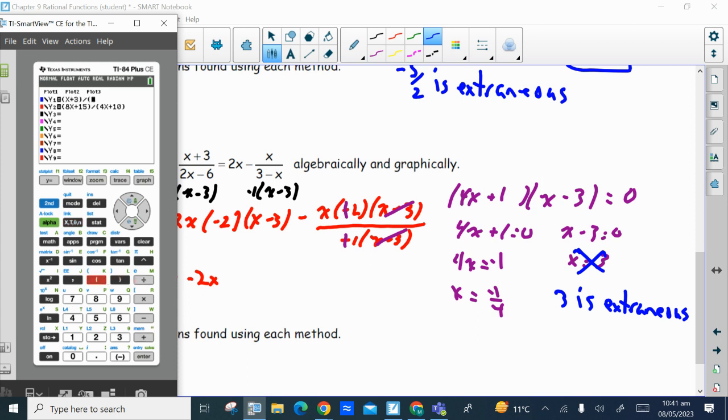X plus 3 all divided by 2x minus 6. And for the second equation, again, I'm going to have to use brackets to keep my rational expression as well as my denominators together.